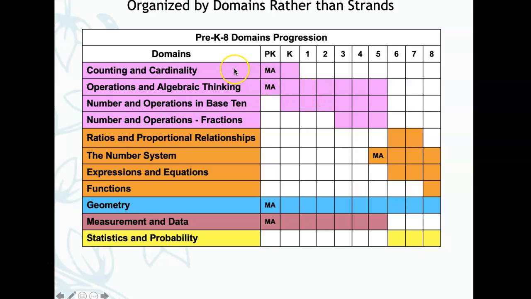And I will tell you that when you are taking your MTELs, the idea is that as an elementary teacher, you are familiar with the standards, with the content that is taught from pre-K through 8.